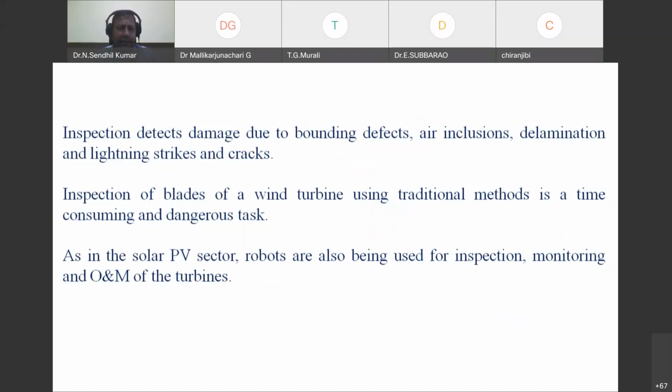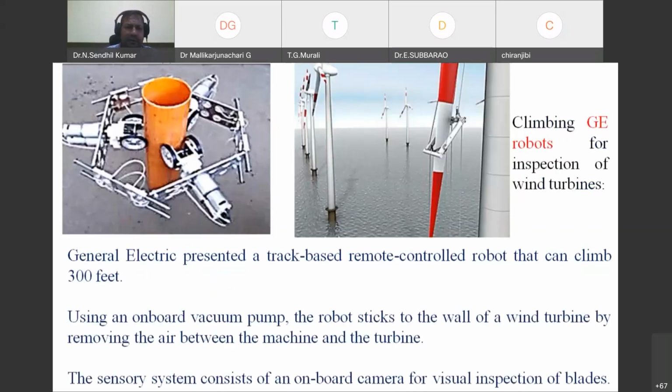Otherwise, this will be inspected every time through traditional methods, which is time consuming and also dangerous, because some things in the offshore will be difficult. So similar to our solar PV sector, what robots will do, the same thing you can use here for the monitoring purpose.